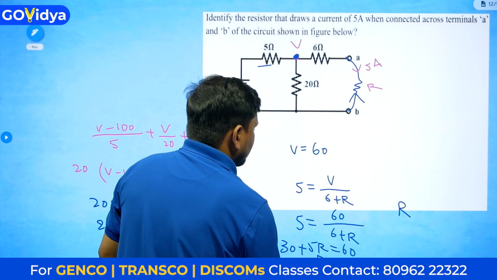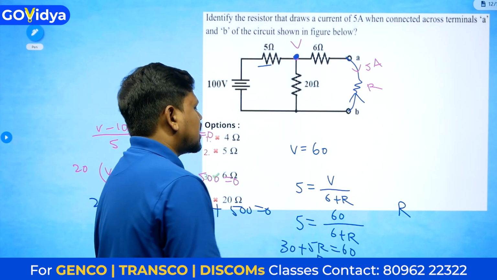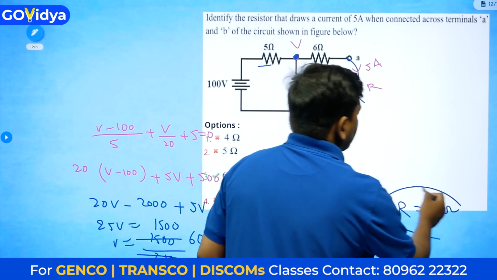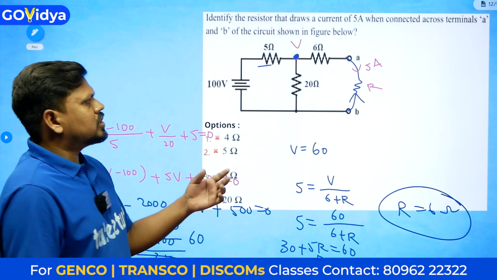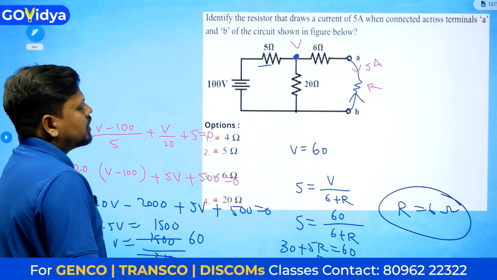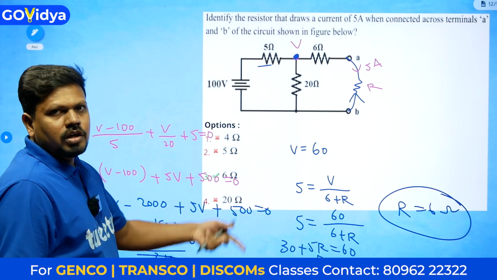So R equals 60 minus 30, which is 30, and 30 divided by 5 is 6. So 6 ohms. Like this also we can do; just based on the current direction we can understand this. Anyhow, the question is very important, and you can check again with a different method also.